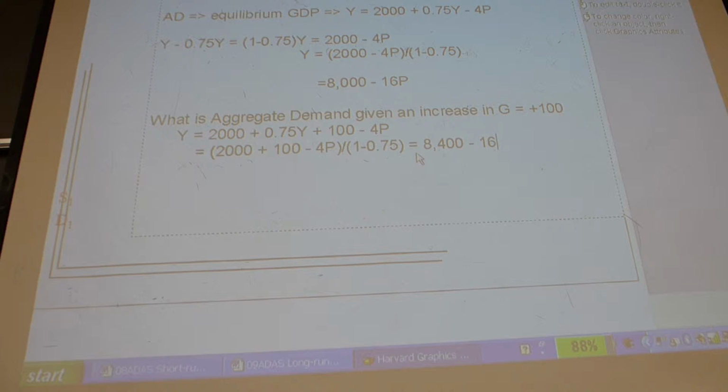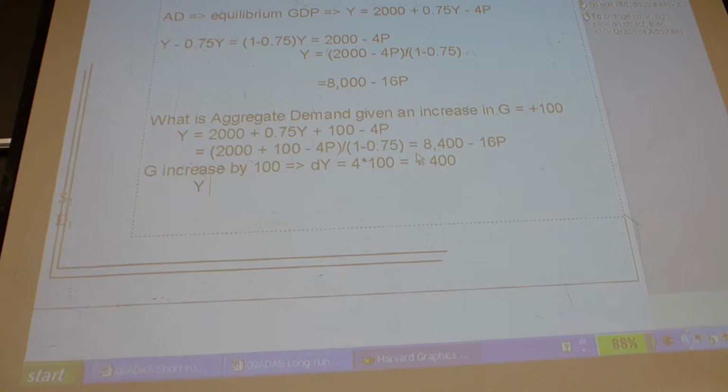minus 16p. Now you could, by the way, another way to do it is G increase by 100 implies dy, change in y, is 4, that's the multiplier, times 100, which is plus 400, which implies, because it's telling you how much aggregate demand shifts, it goes up by 400.